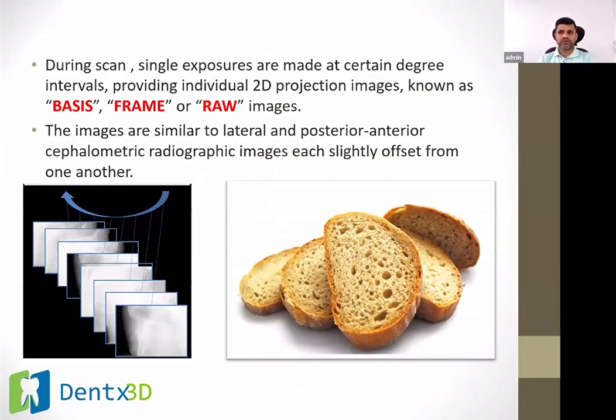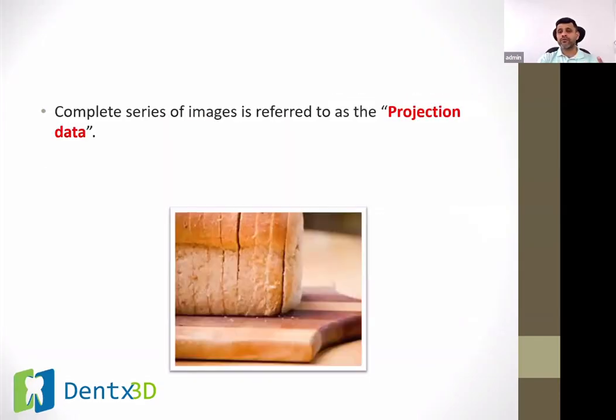The way a machine gun shoots, in a similar way, the X-ray source will shoot the radiographs, 2-dimensional radiographs, one after the other. And while approximately 600 to 700 such radiographs are made, these are called raw images. Right? And after that, the software will join all these things and you will get a 3D image which is called a projection data.